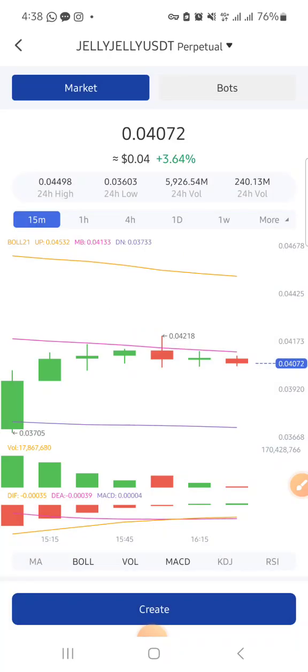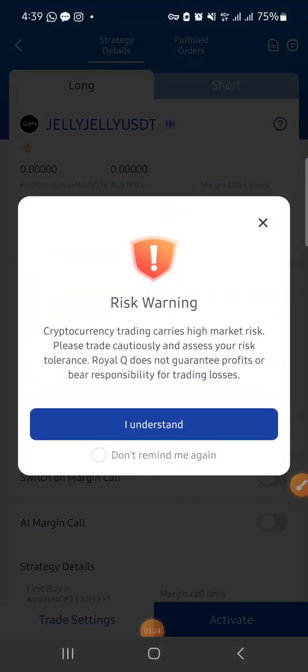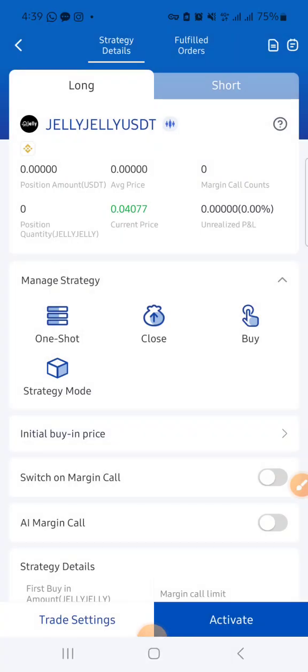You say you understand, and then you come here. If I'm not trading with a signal, I normally use MACD. So you click on create, you understand, and then you are on the page for futures.